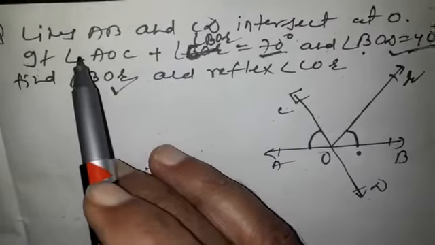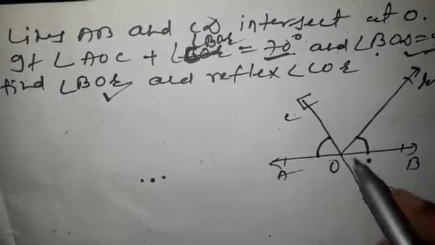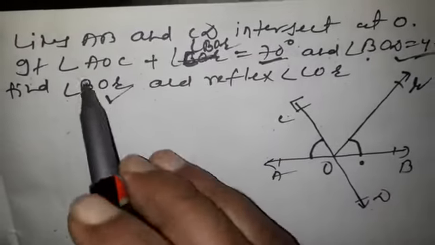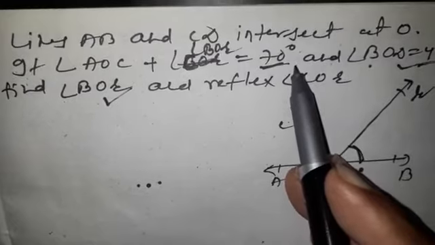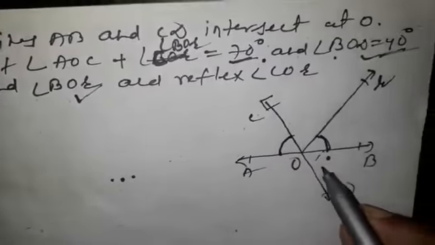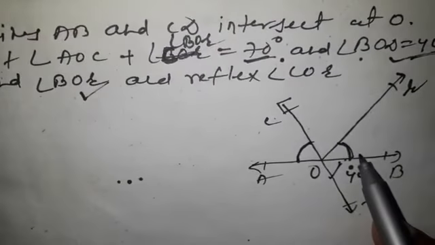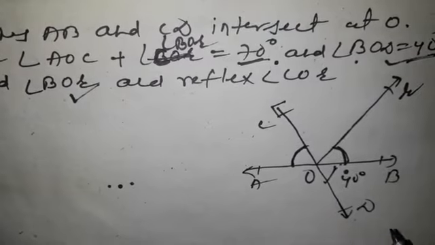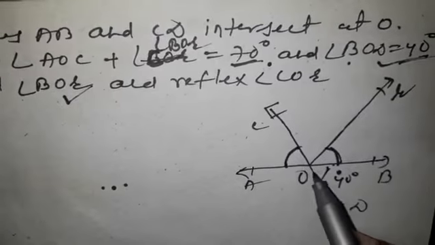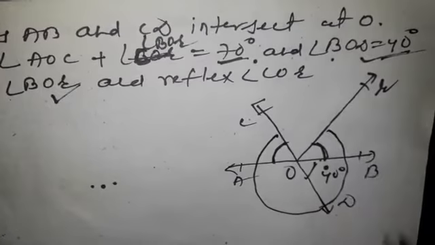Some problems. First problem: lines AB and CD intersect at point O. If angle AOC, means this angle, plus angle BOE is equal to 70 degrees and angle BOD is 40 degrees, first find angle BOE, it means the value of this angle, and reflex angle COE, it means this angle.